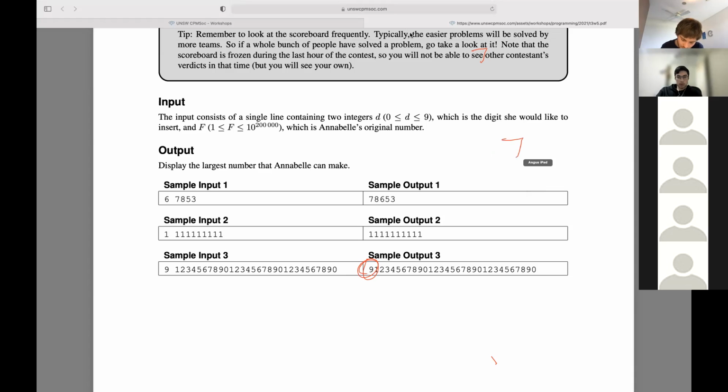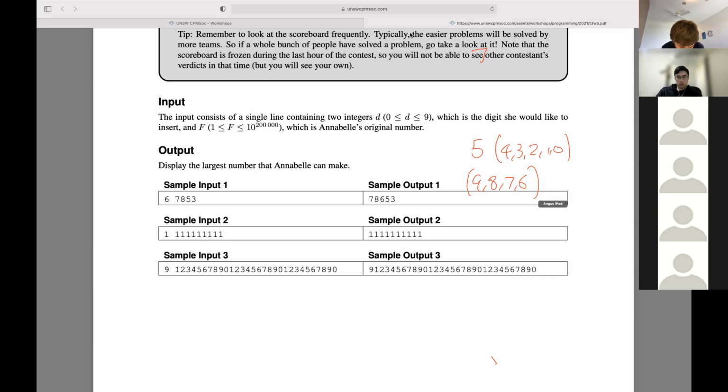But if you have a 7, you want to put an 8 before a 7. So in general, if you have some number like 5, you want to put 5 before either a 4, a 3, a 2, a 1, or a 0 even. But you want to put a 5 after a 9, an 8, a 7, and a 6.